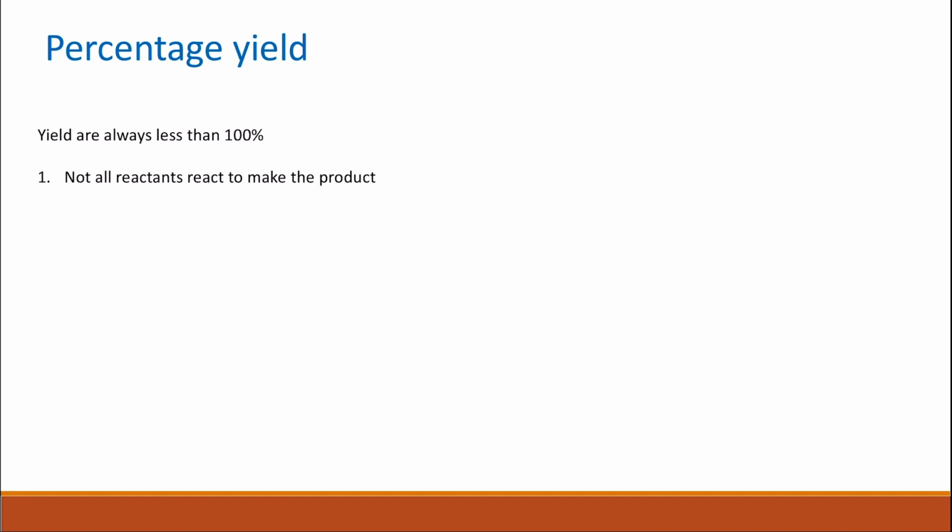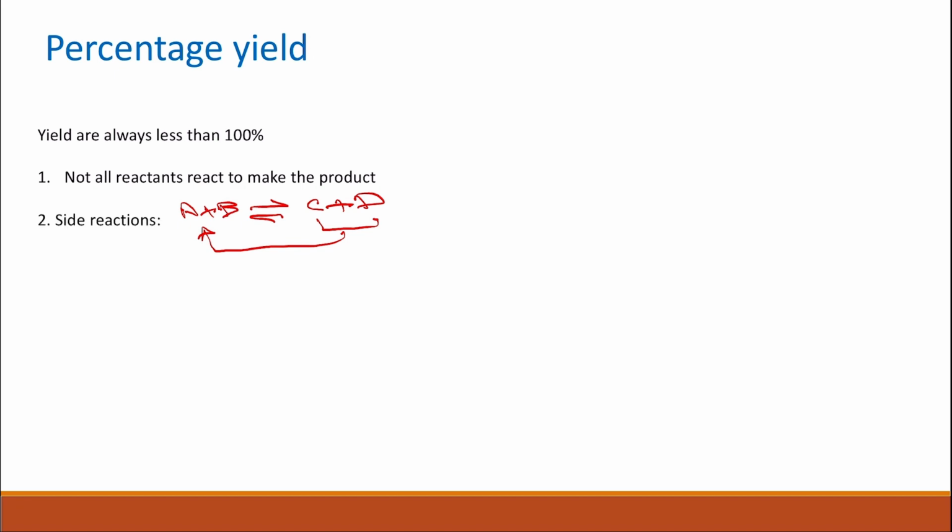In a reversible reaction, you have A and B as reactants that react together to give you C and D, and then the products C and D can react together again to give you the reactants. That means not all the reactants will actually give you the product, because the products themselves will react back to give you the reactants. So this is one of the reasons why the percentage yield could be less than 100%.